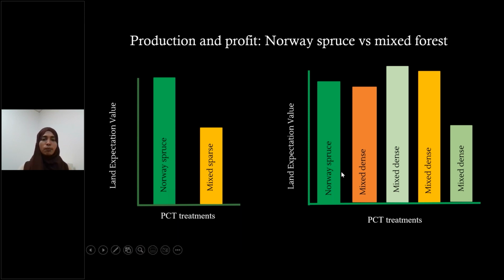That can make a difference, because during the final felling in the mixed forest, Norway spruce was dominant, but there is still more than 10% birch in the stand. So that could be the reason for the variation between here and there.